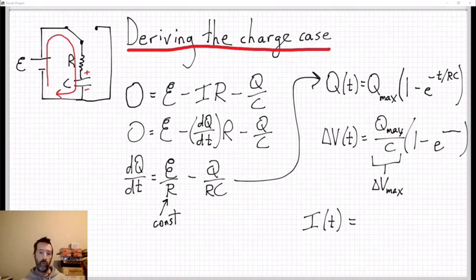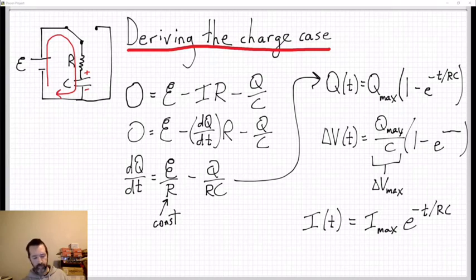So the first term goes away when I take the derivative, which means that the current is going to end up being in the decay form again. I'm just going to write I max times e to the negative t over RC.